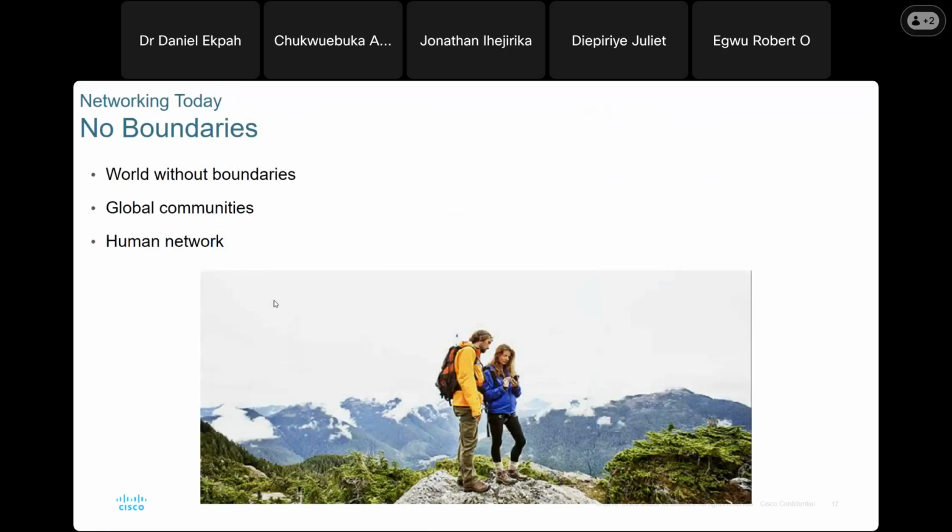There's actually no boundary to network and communication, because technology has evolved to the point where we have satellites, so you can communicate from one country to another. Even if you are in a landscape where there seems to be no network, you can actually create one there.